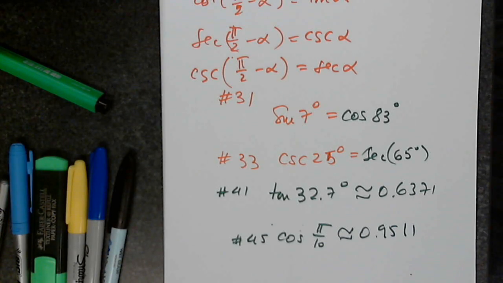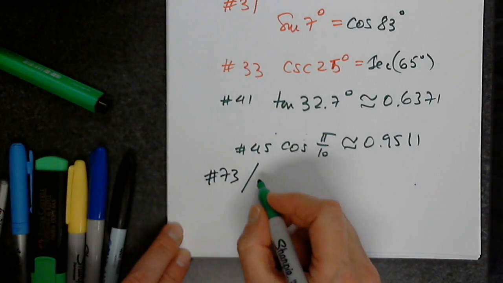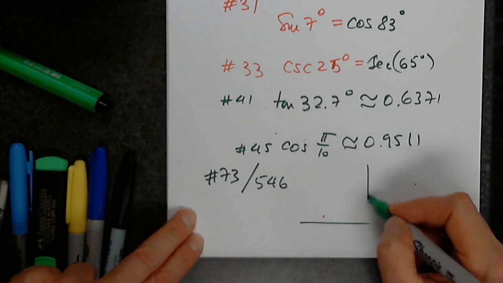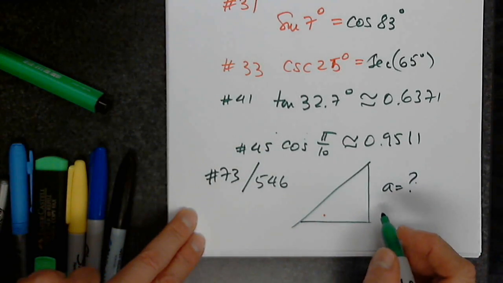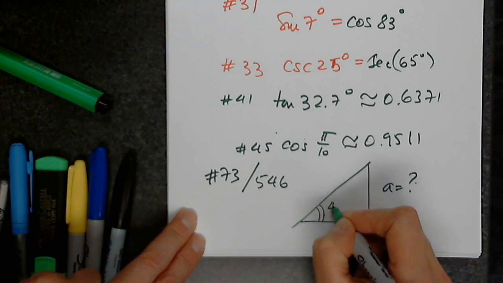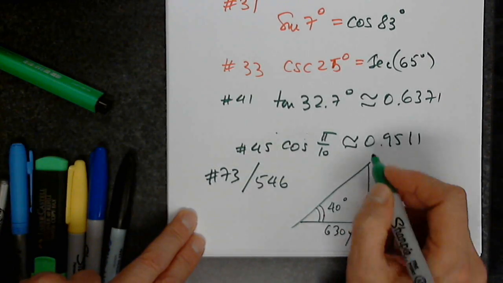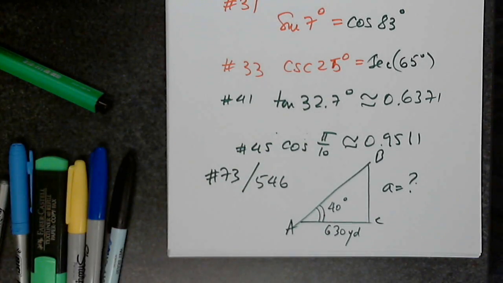I like to look at a couple of word problems here, like 73 on page 546. I'm just copying the right triangle, and we are given 40 degrees, and we are given 630 yards, and the vertices are denoted by A, B, and C. Okay, let's read the question.